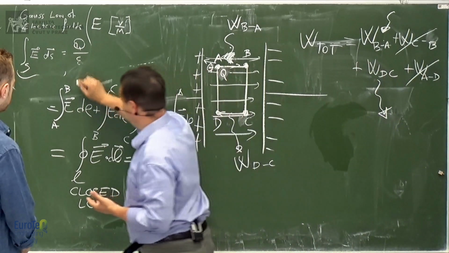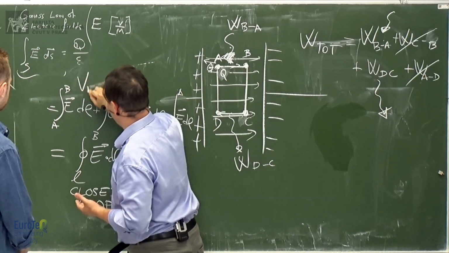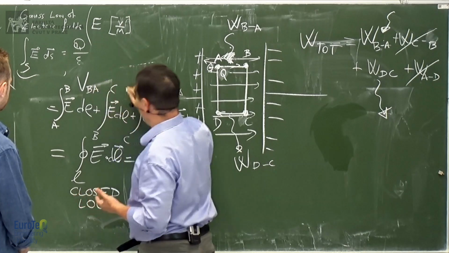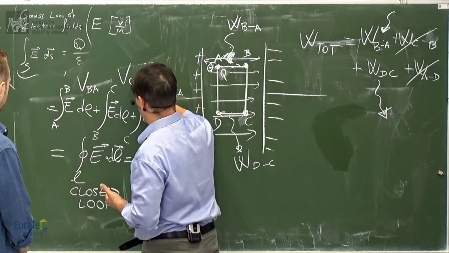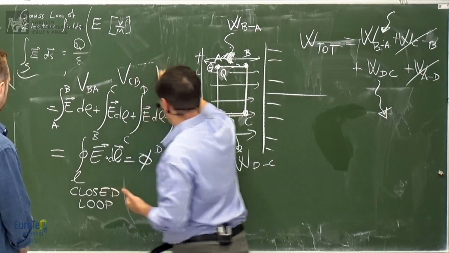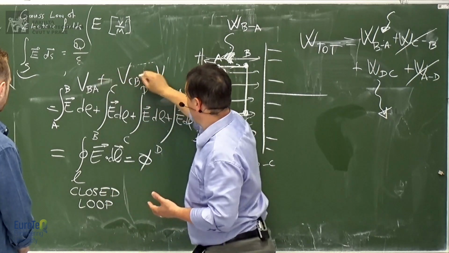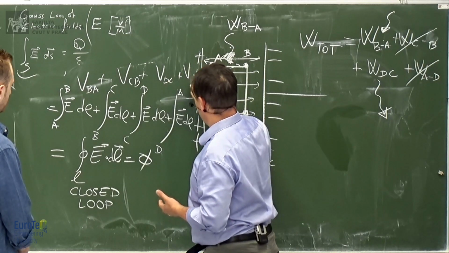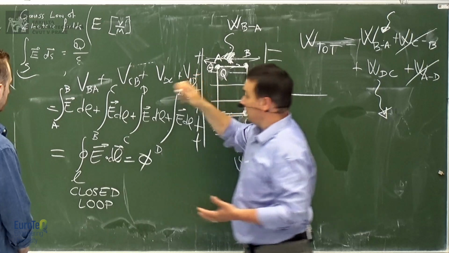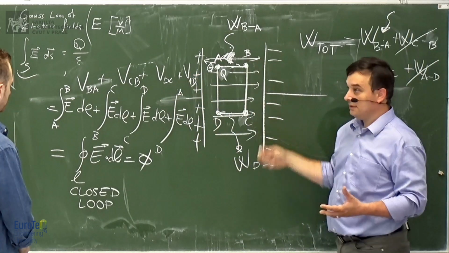This is the voltage between the points A and B, this is the voltage between C and B, this is the voltage between D and C, and this is the voltage between A and D. So if you sum all the voltages, they're 0.